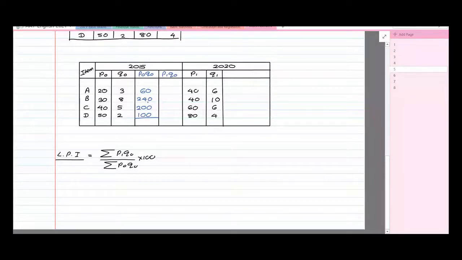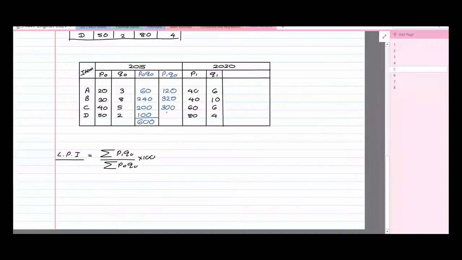In the same way, you get P1 Q naught, which means this product. 3 into 40 is 120. 8 into 40 is 320. 5 times 60 is 300. 2 times 80 is 160.